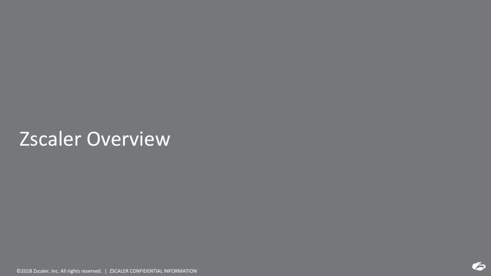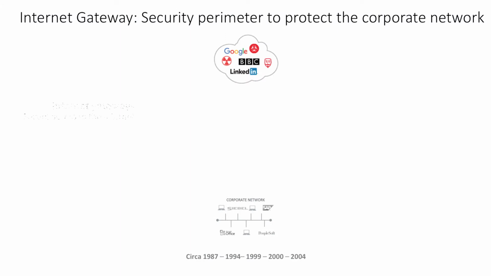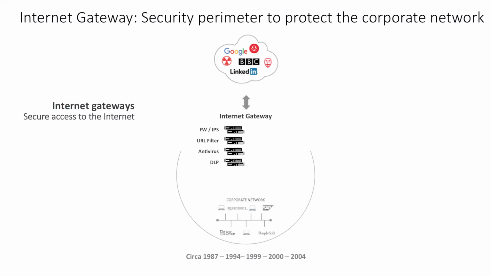I'm going to start with an overview of the Zscaler platform and what Zscaler service provides to the customers. Let's start by looking at how people typically built an internet gateway starting in the early 1990s and how it has evolved over a period of time.